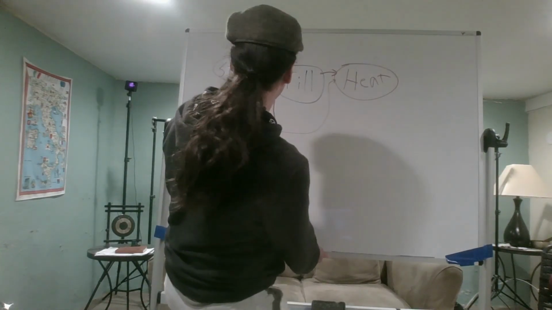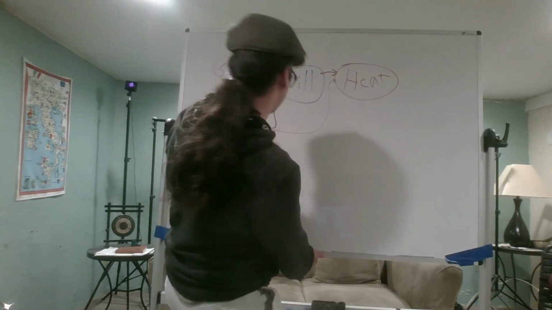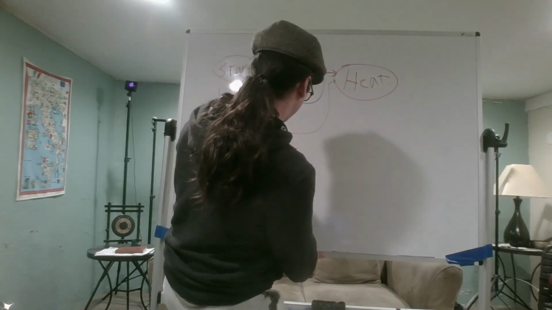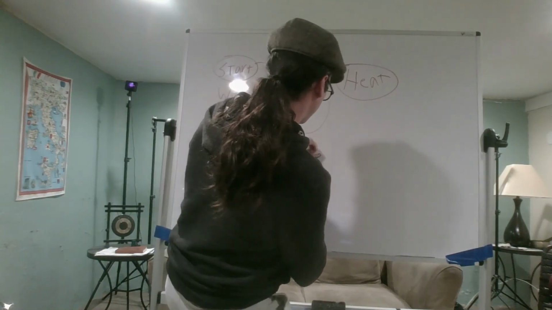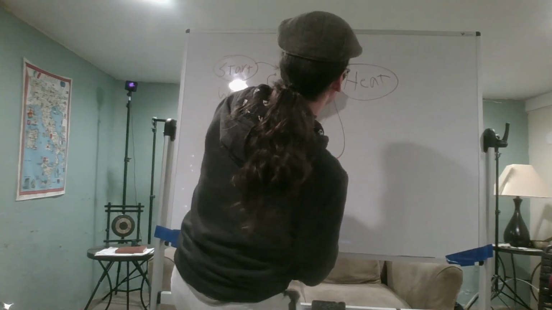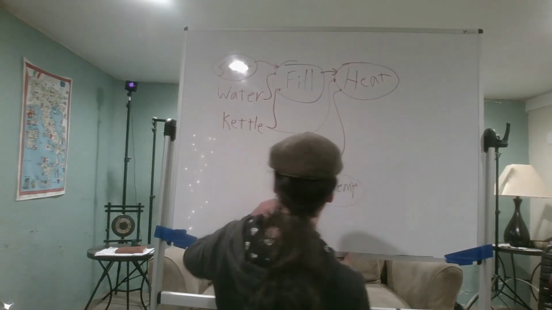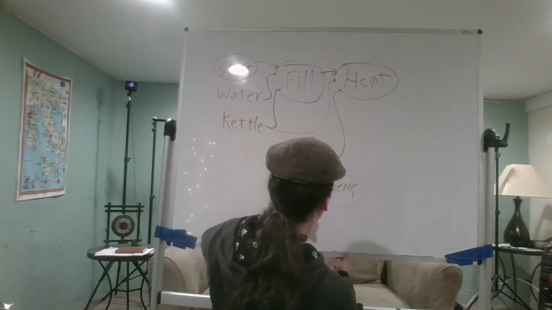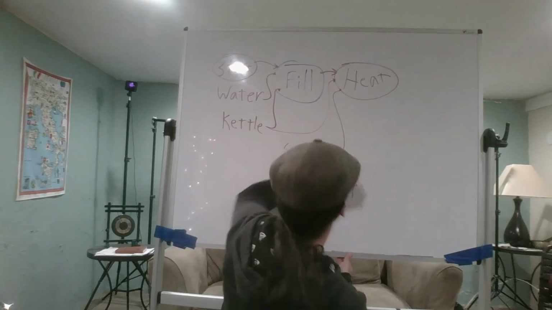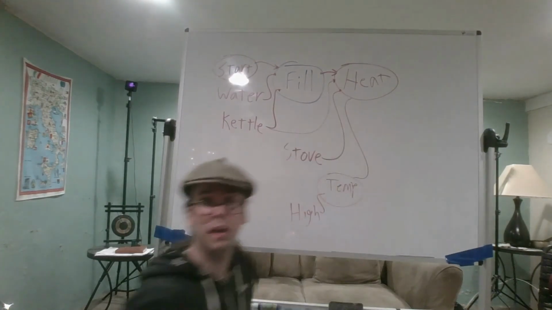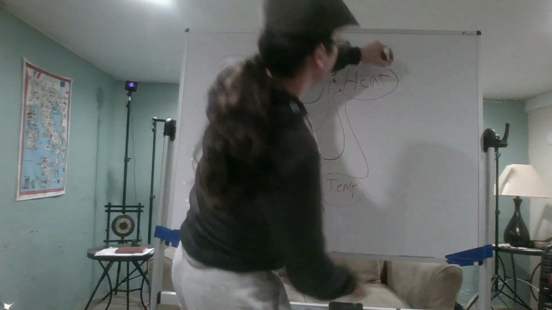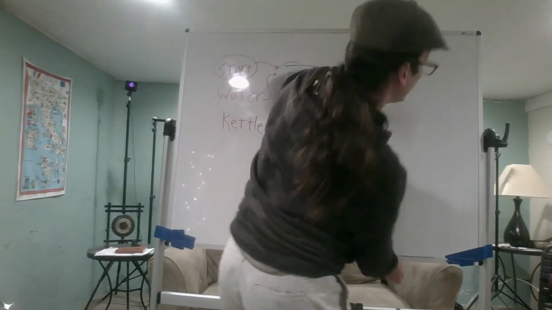It also needs to have a heat source. So maybe your stove can go down here, and that's going to connect in. And then you also need a temperature, so we place in a high temperature as the value of that, and then that goes over to heat, and then the heat goes over to a kind of wick.